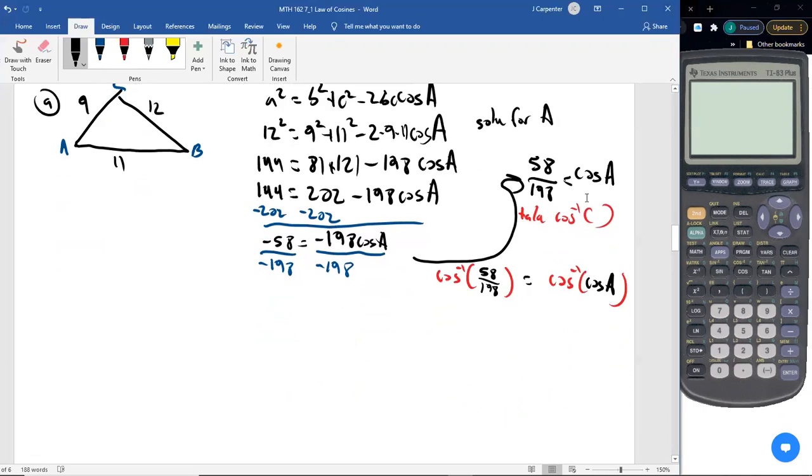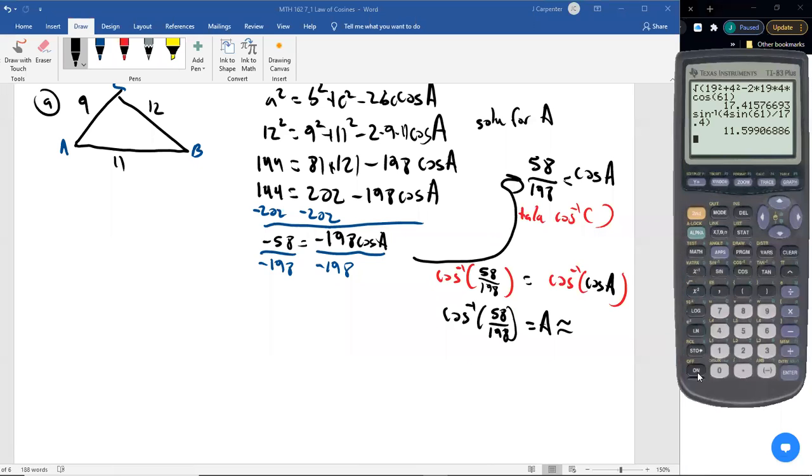All triangles have angles between 0 and 180, so it would be impossible otherwise. So that says the inverse cosine of 58 over 198 should be angle A, which will round to the nearest tenth. Inverse cosine, 58 divided by 198. Drum roll. 72.96, which when we round up would become 73.0, so we end up rounding to the nearest whole anyway, so it's 73 degrees.